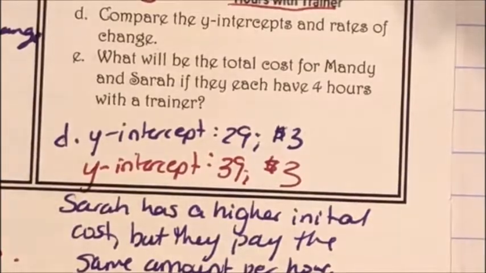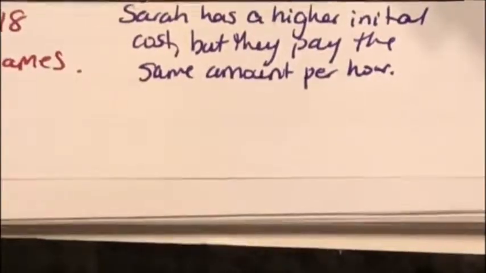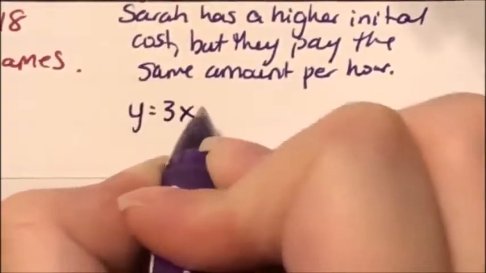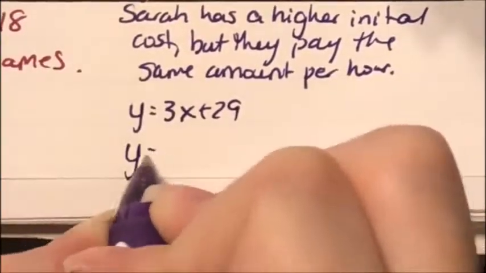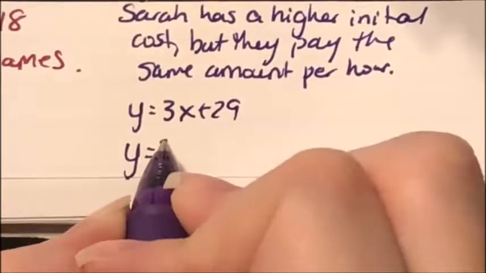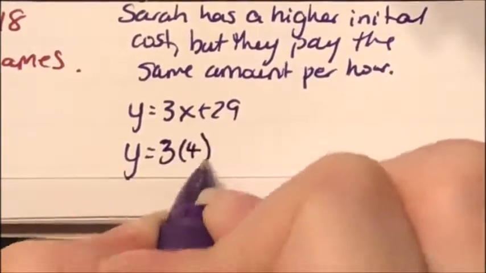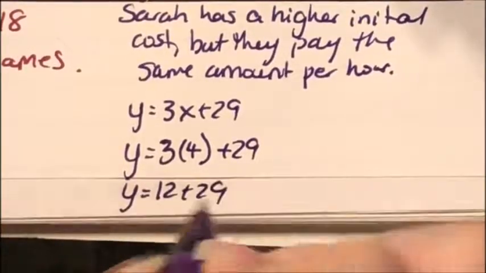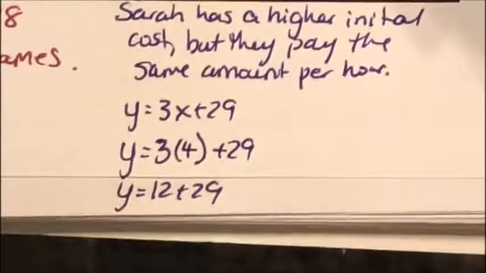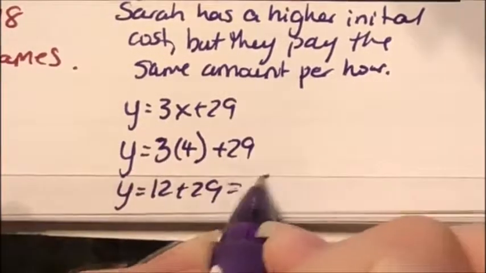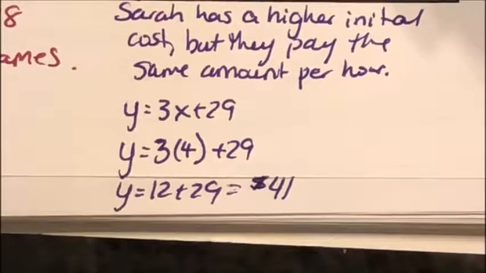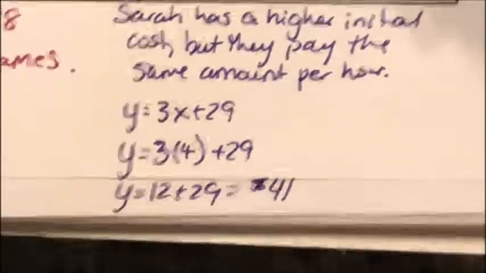Okay, so for Mandy, I have y equals 3x plus 29. And I want to know for 4 hours. So 3 times 4 is 12, plus 29 will give me 41. So Mandy will pay $41. Okay.